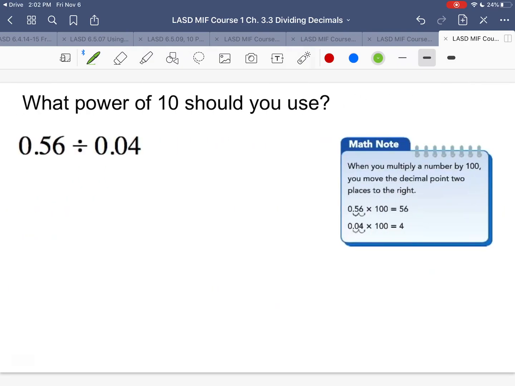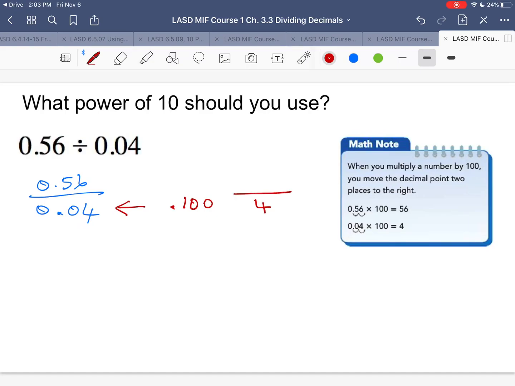So here we have another problem. 0.56 divided by 0.04. Looking at my divisor, at this number here, there are two numbers to the right of the decimal place, so I need to multiply by 100, 100 times 0.04, and I'll get 4.